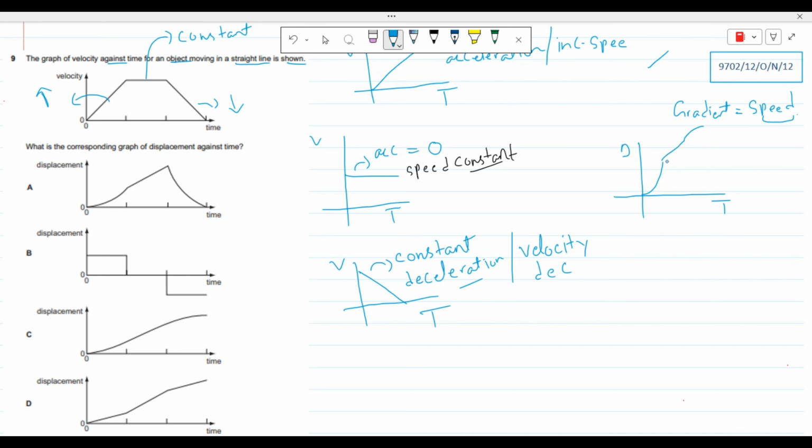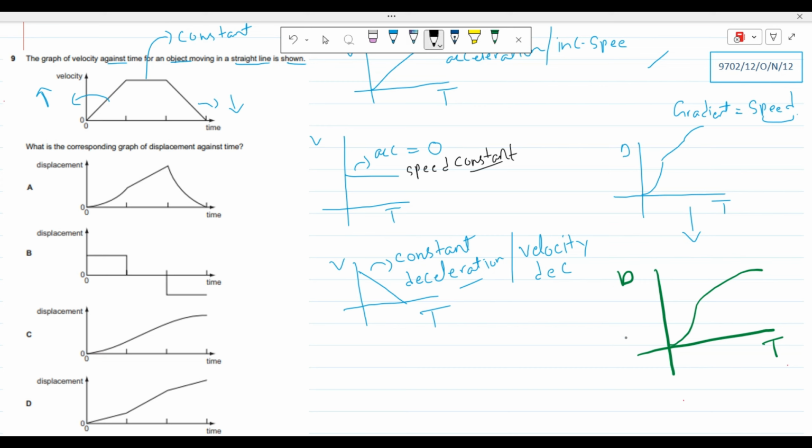Understand? The opposite of this. This is increasing, this is constant speed, and this is decreasing speed. So let me make the better version of this whole thing, displacement time graph. This will be the better version.